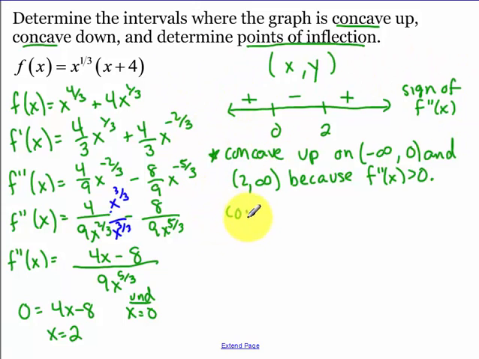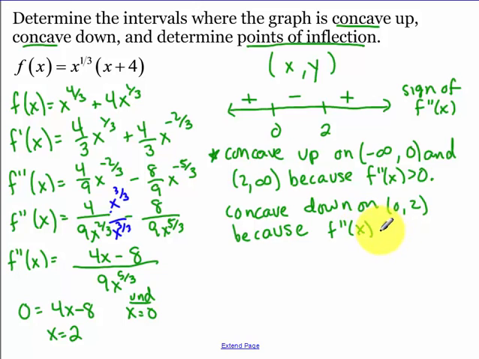Now we are concave down on our interval from 0 to 2 because f double prime of x is less than 0. Now remember, our points of inflection happen where we change signs.